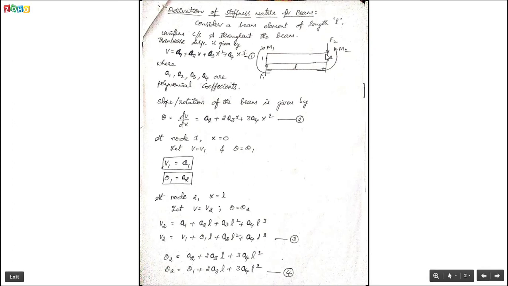Same thing at node 2, where we substitute x equal to L. Here at node 2, v equal to v2 and theta equal to theta 2.